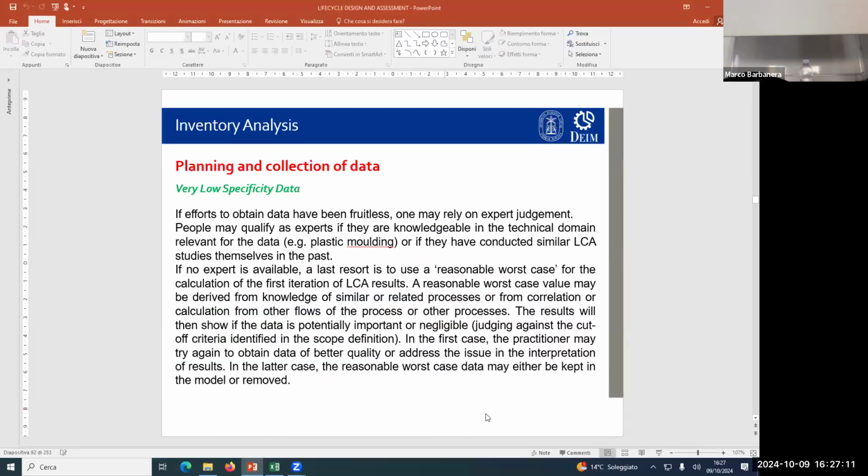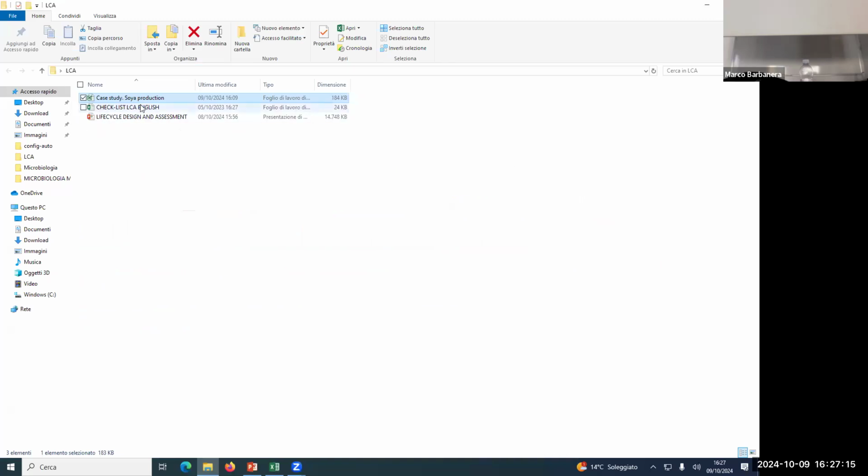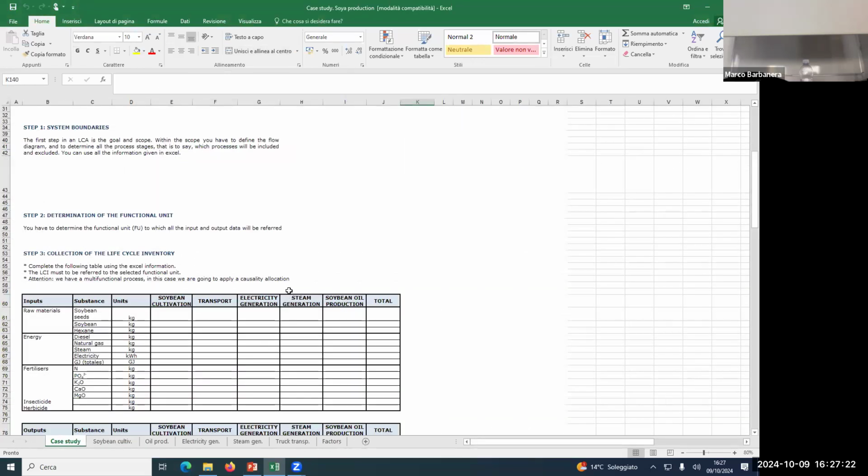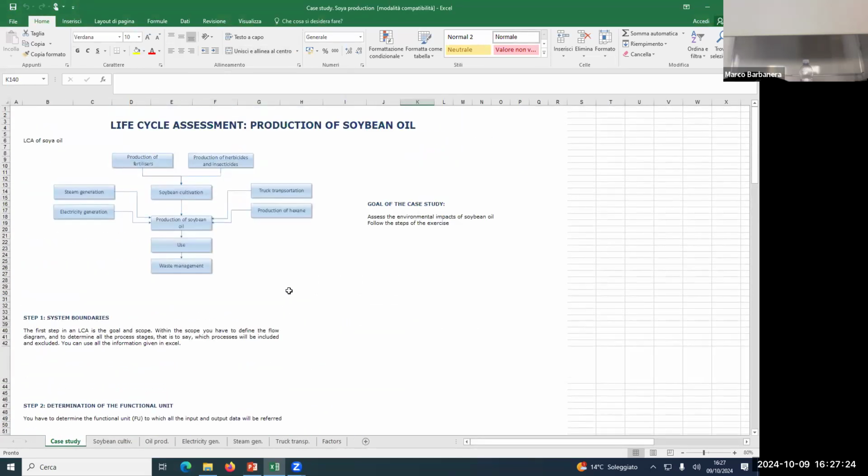At this point, I think that it could be useful to see an example. Here, this is an example. This is a case study about the life cycle assessment of the production of soybean oil. Okay, about soybean oil.